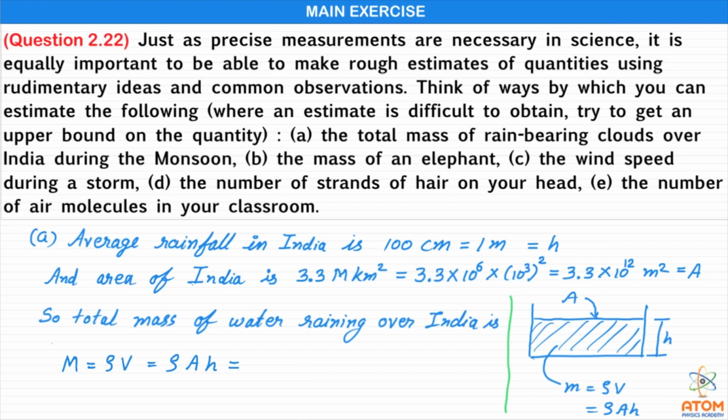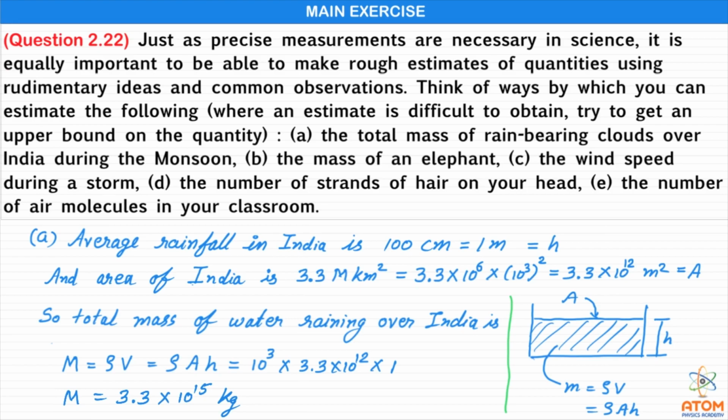See, the density of water is obviously 10 raised to 3 kilogram per meter cube, and the area, as we have already found out, is 3.3 into 10 raised to 12, and the height is 1 meter. Here we have converted all the measurements into SI unit system. Now solving this, we will get the total mass, that will be obviously 3.3 into 10 raised to 15 kilogram.